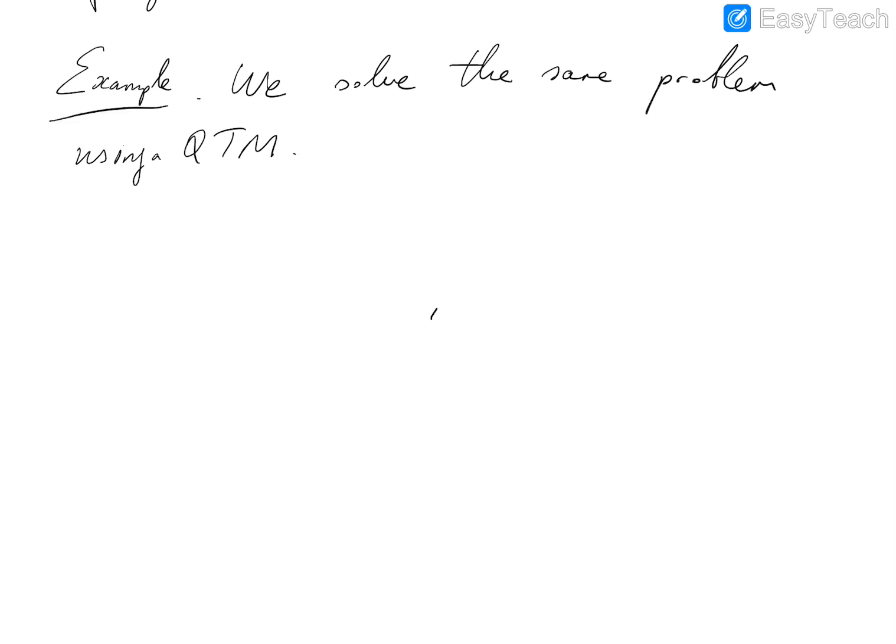We have the same states: Q initial, that is Qi, QL, QR, Q accept, and Q reject. The input alphabet, again, let's assume it's the same. It contains 0 and 1. Delta is defined pretty much similarly.